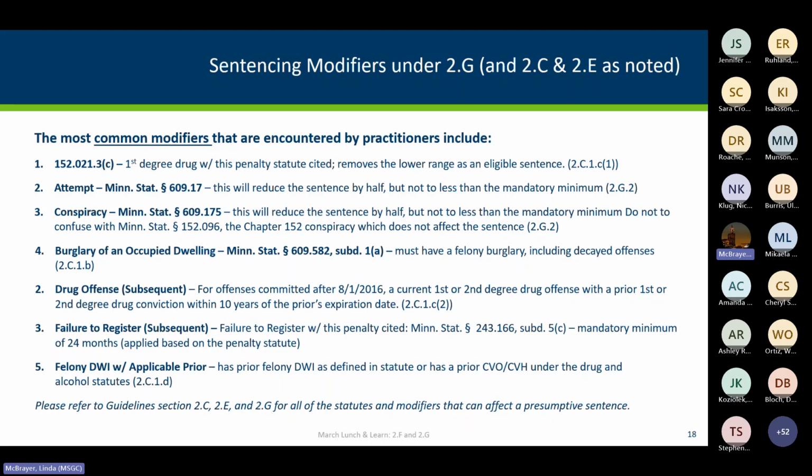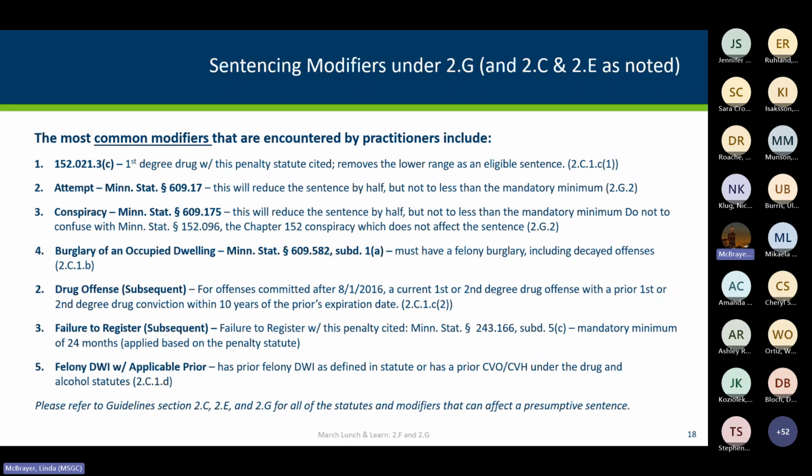Let me say that again. The prior expiration of the entire sentence, doesn't matter if it's probation or if it's prison, it's the end of the entire sentence, 10 years to the date the current offense occurred.